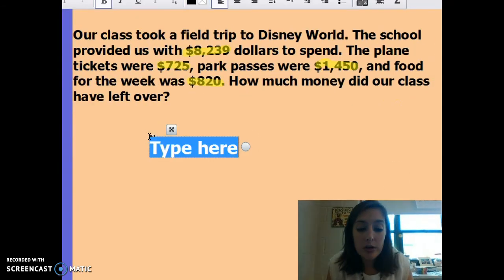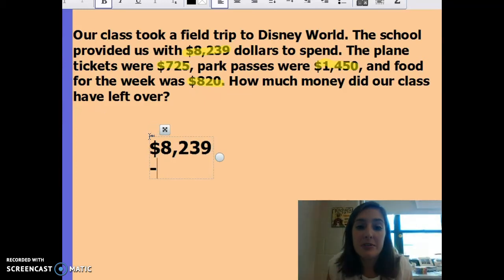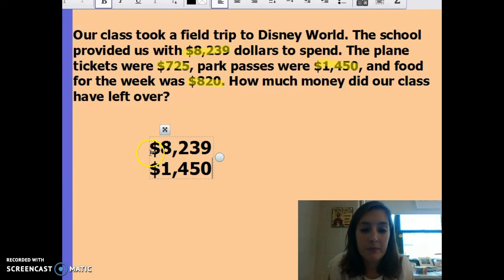So we're going to start with 8,000, which is our total that we had, $239. Now, it might trick you to try to do all those numbers at once, so we're going to break it into parts. So 8,239 minus 1,450.